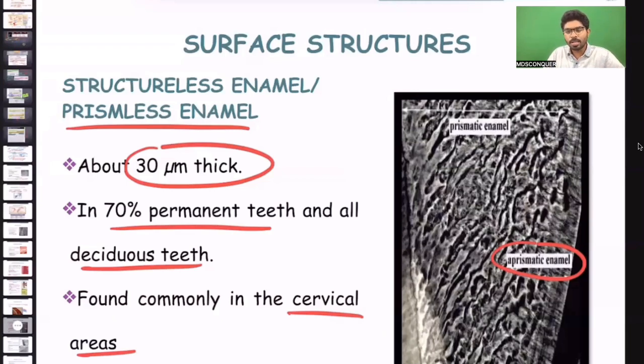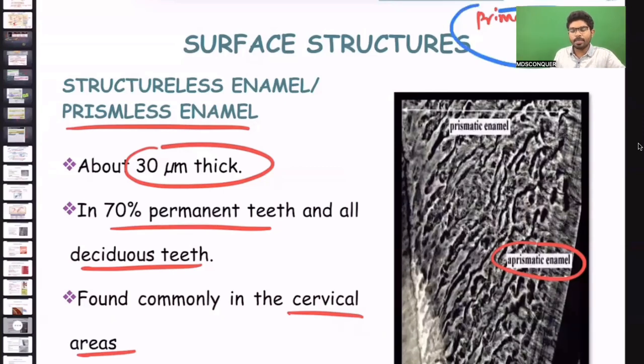According to the new concepts, yes, Pavani is right. The etching time of primary teeth, according to recent modifications, is equal to that of the permanent teeth. But in the old concept, the etching time of primary teeth was more than that of permanent teeth. Why?